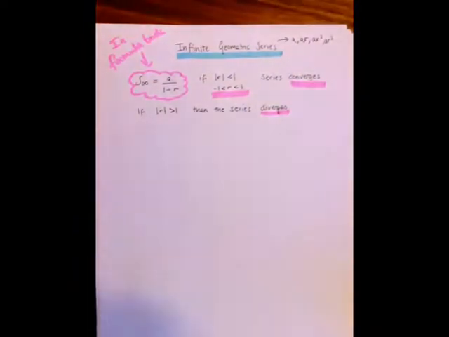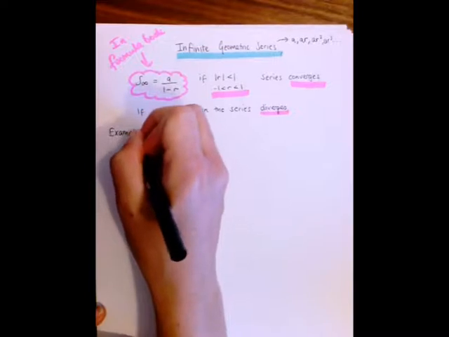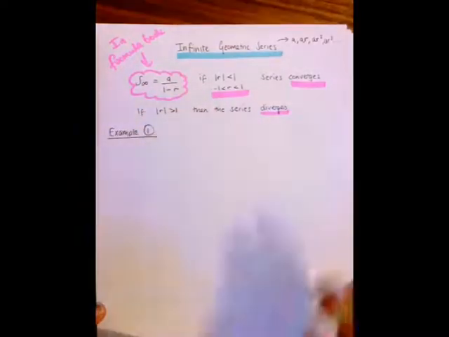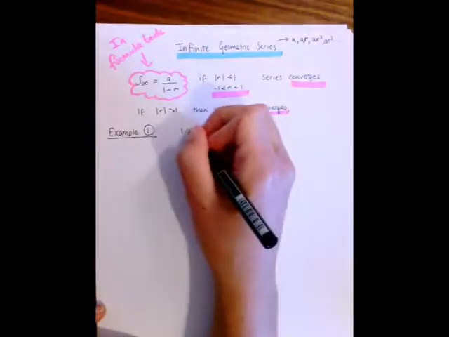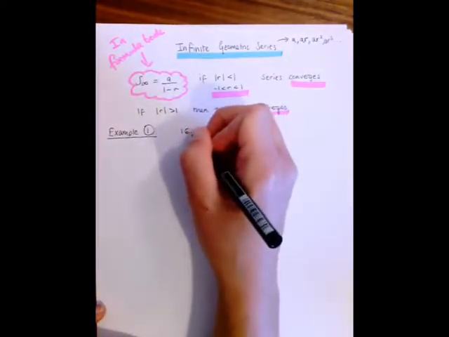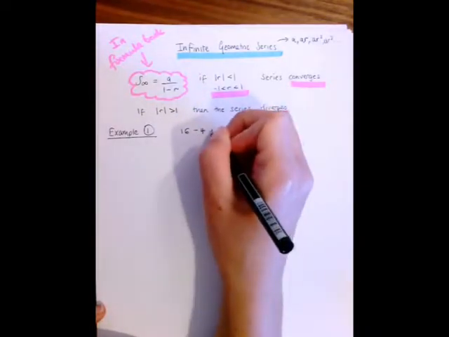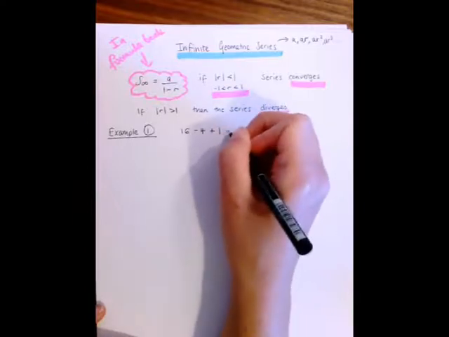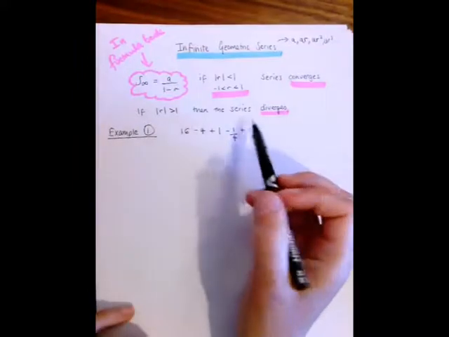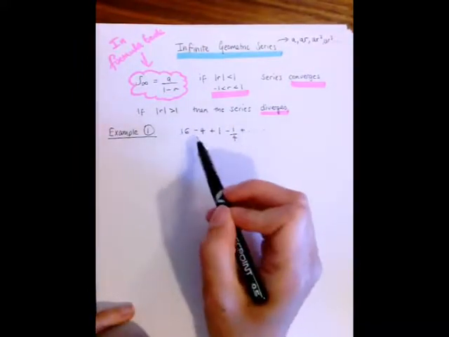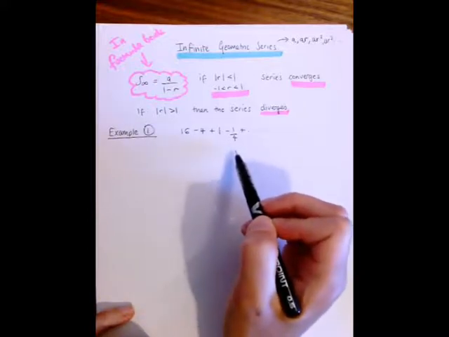Okay, so let's try it in some examples. Let's say that we have this series, which is geometric, which goes 16, -4, 1, -1/4. So it's a series, and we're thinking about it as a sum. These would be the numbers in the sequence: 16, -4, 1, -1/4.